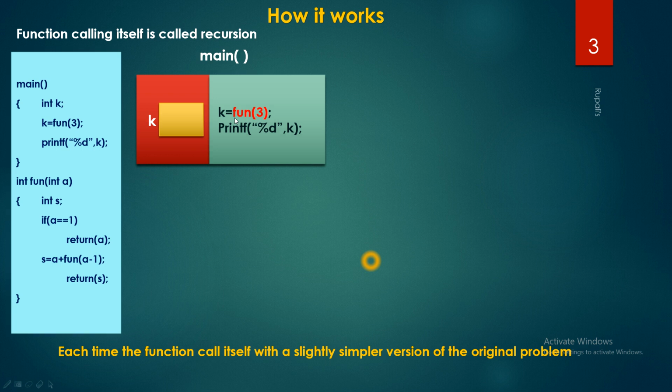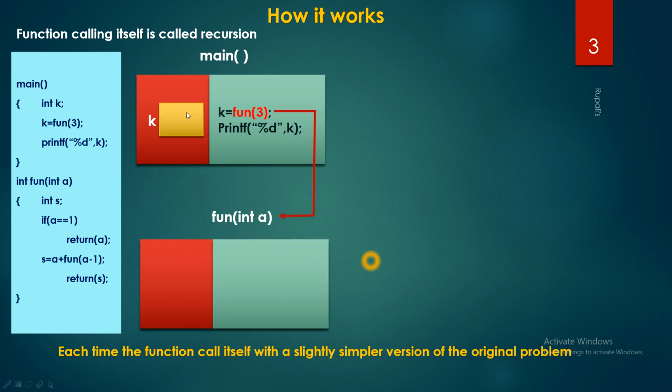Now this fun(3) calls the fun function. So by this line main calls fun, and control comes to the fun function. Now these are the code for the fun function. I am writing it here. And what are the variables in the fun function? They are s and a.